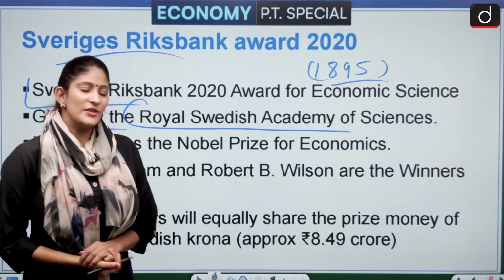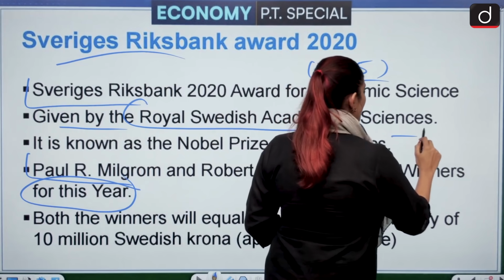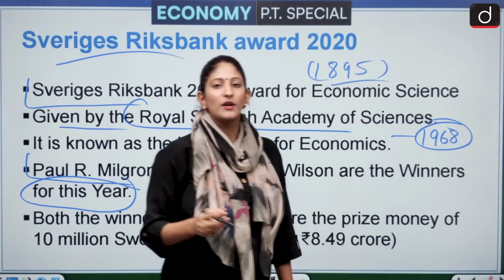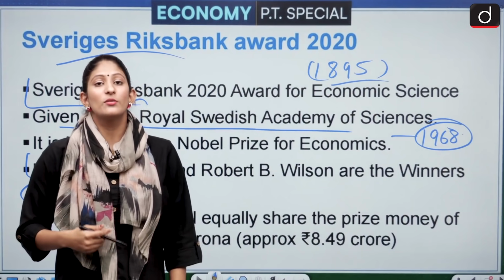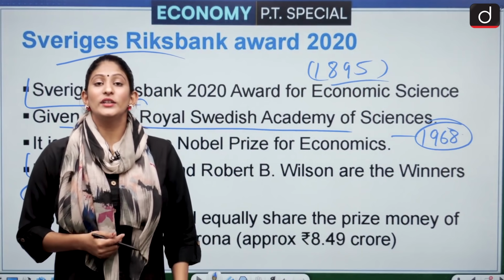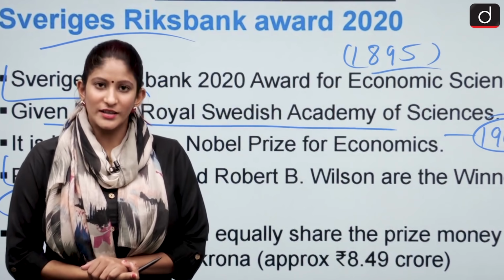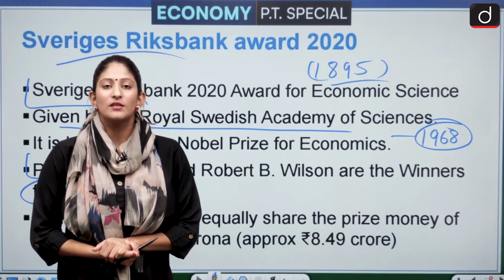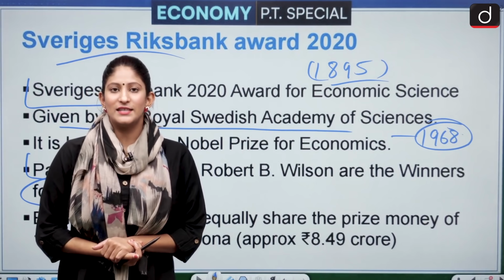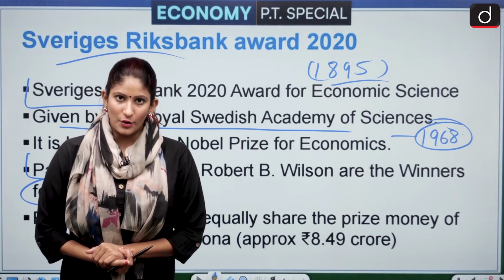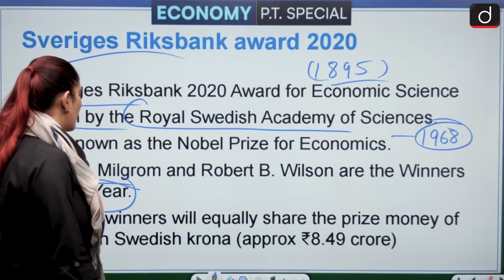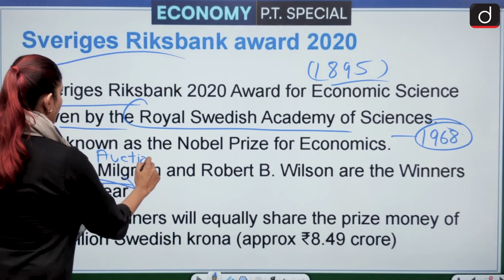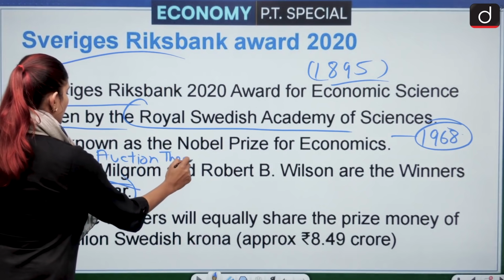This award was established in the year 1968 by the donation of Sveriges Riksbank to the Nobel Prize Foundation on the completion of the 300th year of the establishment of the Riksbank. So, it is then only touted as the Nobel Prize for Economics. And this award was for auction theory. Auction theory, we will talk about that.